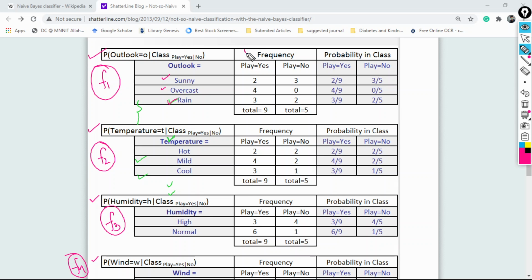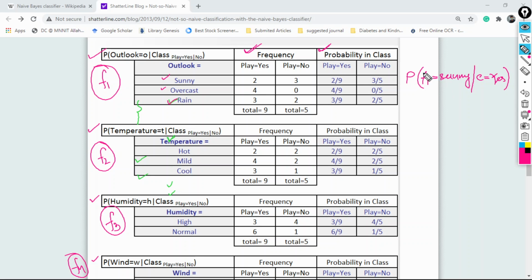This is the simple frequency, and now using this simple frequency, we are interested to calculate a probability. How do we calculate this probability? Simple, we divide this value by this one. We have sunny, and out of total 9 points in the yes class we have got only 2 sunny points. We are interested to calculate the probability that our outlook feature 1 is equal to sunny, given that our class level is equal to yes.